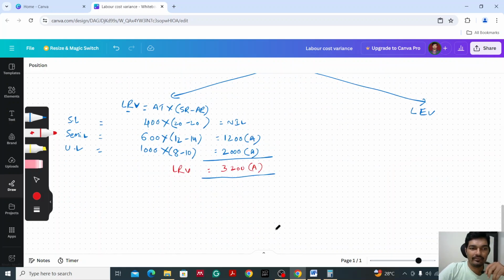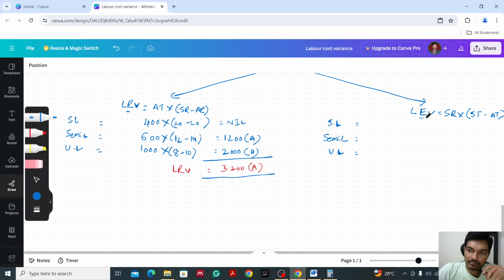So coming to LEV, labor efficiency variance. Same skilled labor, semi-skilled labor, unskilled labor. So the formula we use here is standard rate into standard time minus actual time.